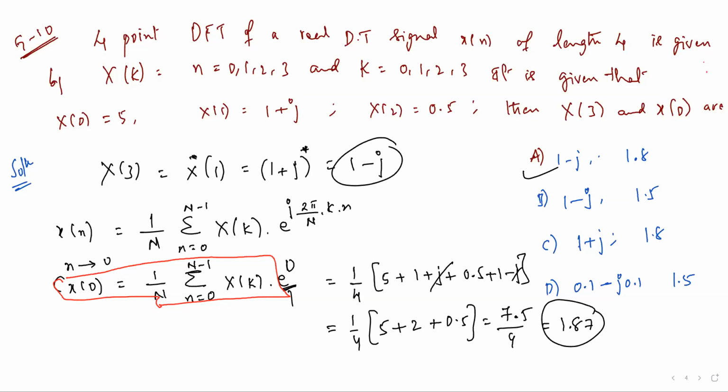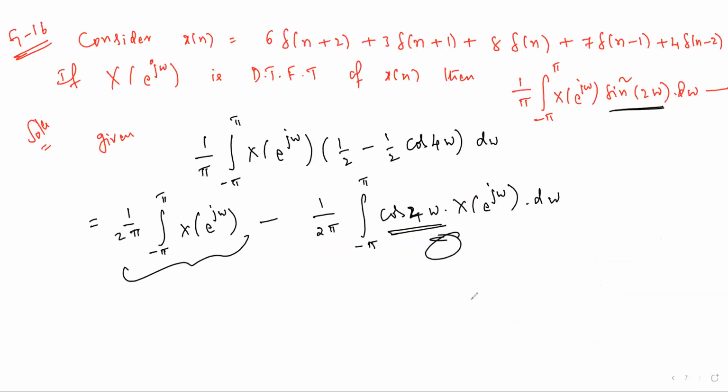The x of 0 expression is 1 by N, sigma n equal to 0 to N minus 1, x of k, or x of e to the power of j omega, the discrete transform. This is x of 0 in the DTFT formula.